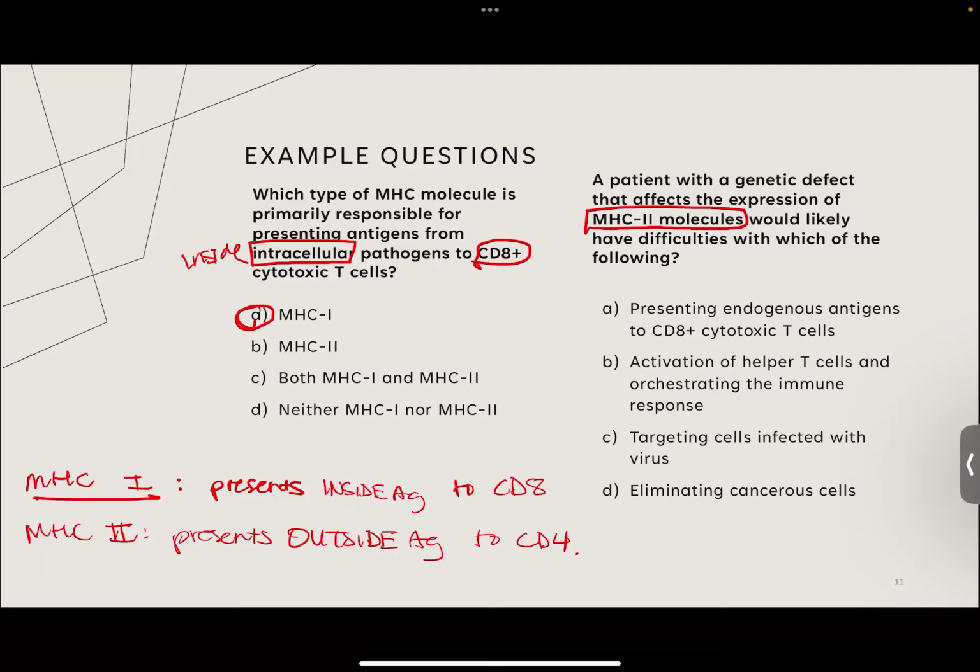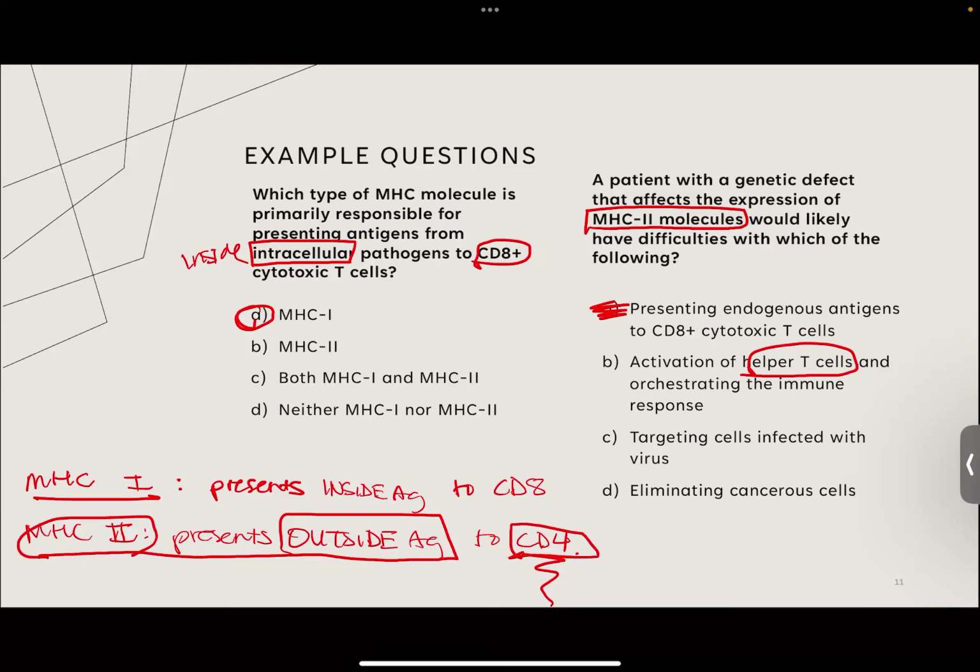Remember, MHC2 presents outside antigen to CD4. Will it have issues presenting inside antigen to CD8? No, that's what MHC1 does. Will it have issues activating helper T cells and orchestrating the immune response? Yes, because MHC2 presents outside antigen to CD4.